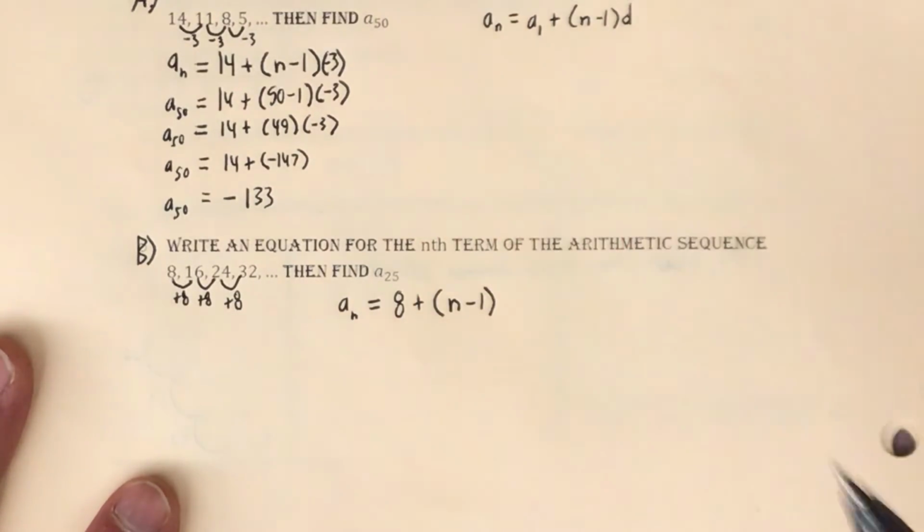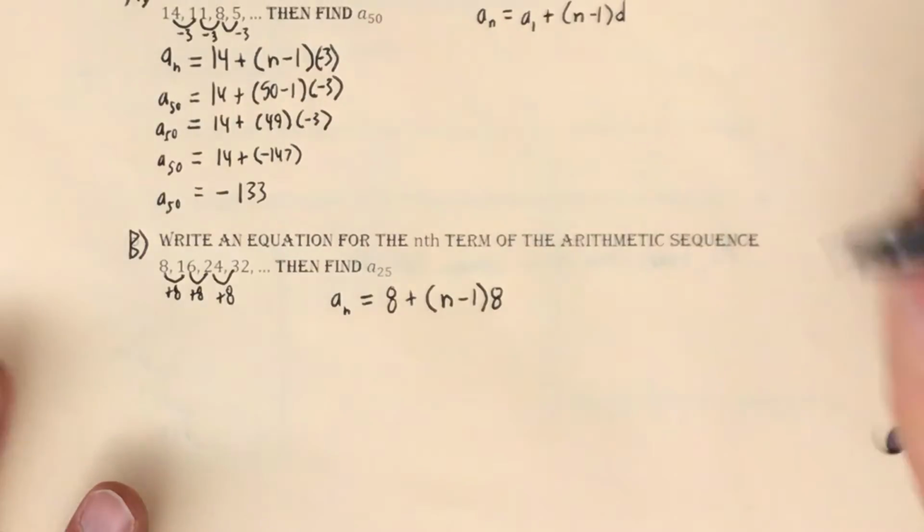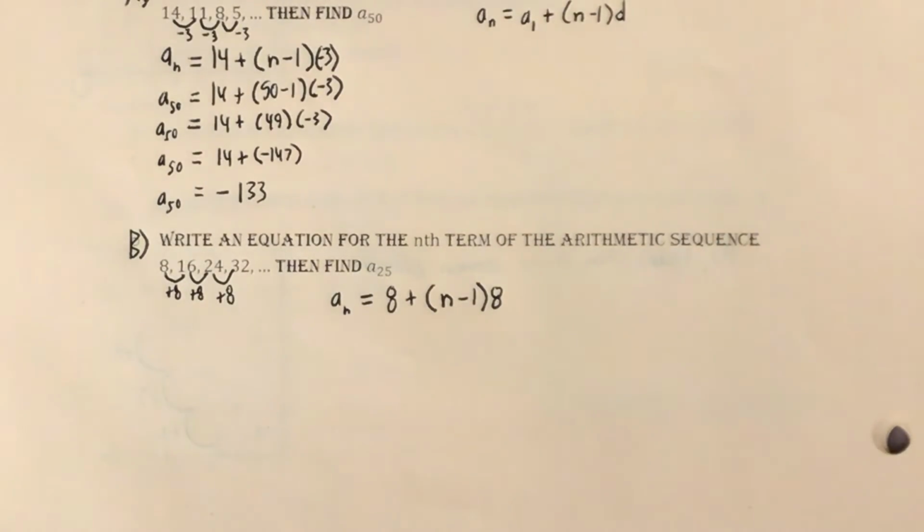Parentheses times the common difference, which was 8. So times 8. And I don't need to necessarily put that in parentheses because there's no negative sign. I know that the number next to a parentheses means multiplication. So there we go. We've got the information we need. We've written the equation for that arithmetic sequence.